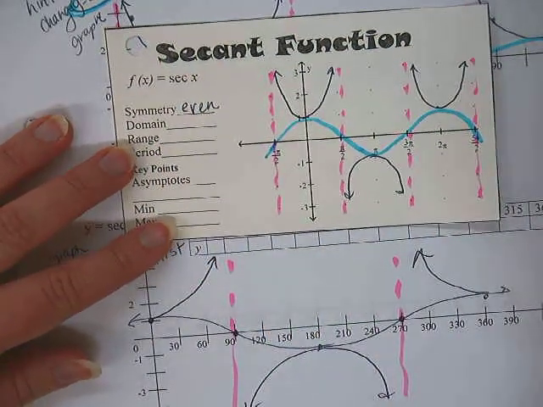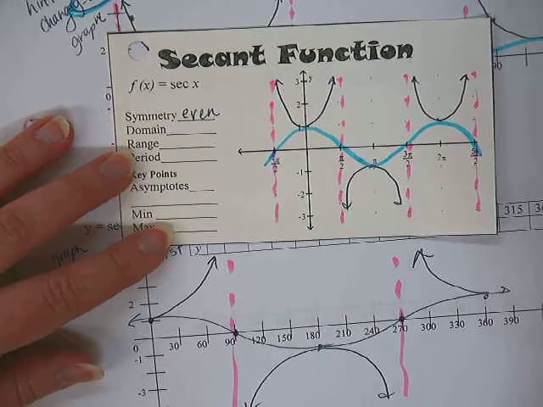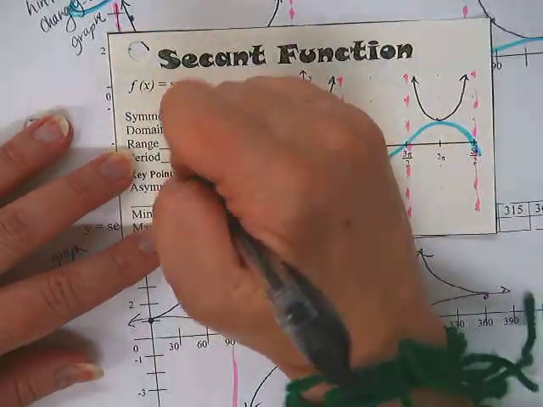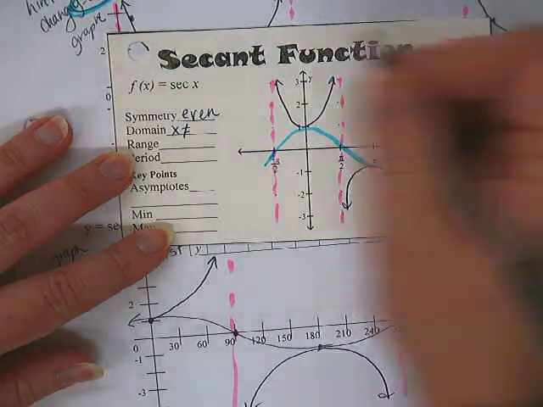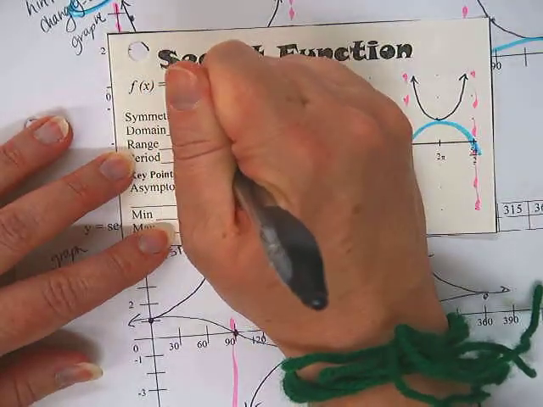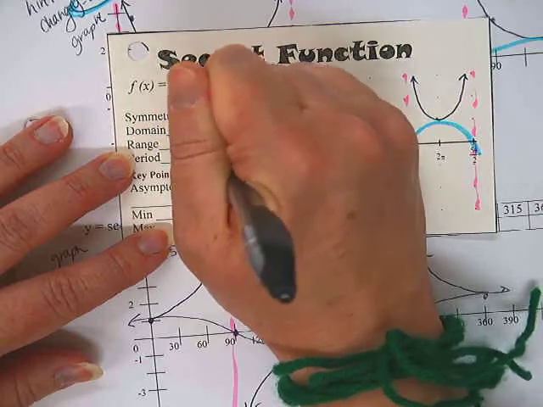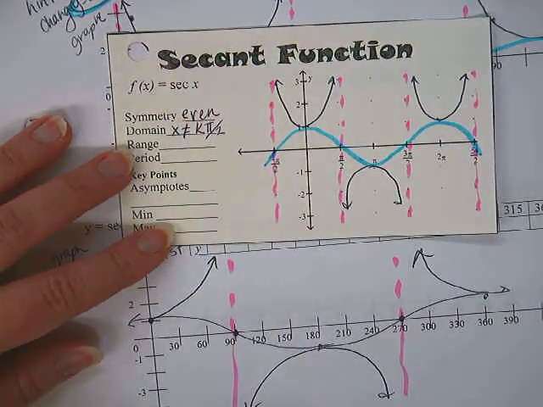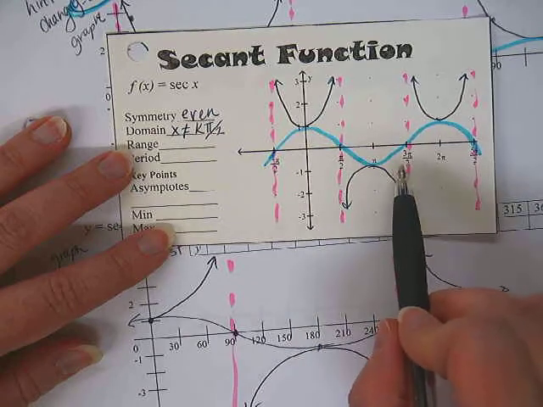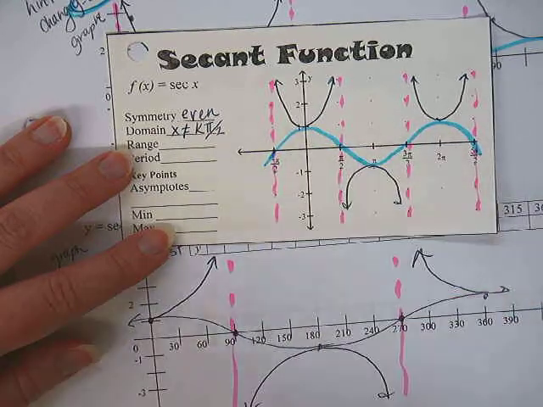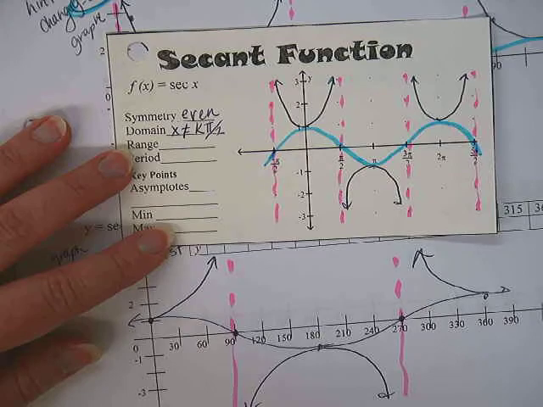Okay, what's the domain? X cannot equal intervals of pi halves, so yes, k pi halves would be correct. Right? Because you've got pi halves, 3 pi halves. Wait.